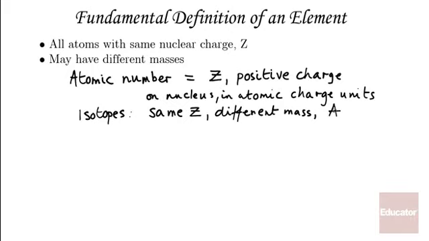What is the standard of atomic mass? Well, an arbitrary unit is defined as the standard of atomic mass. It's called, rather unimaginatively, the atomic mass unit, shortened form AMU.